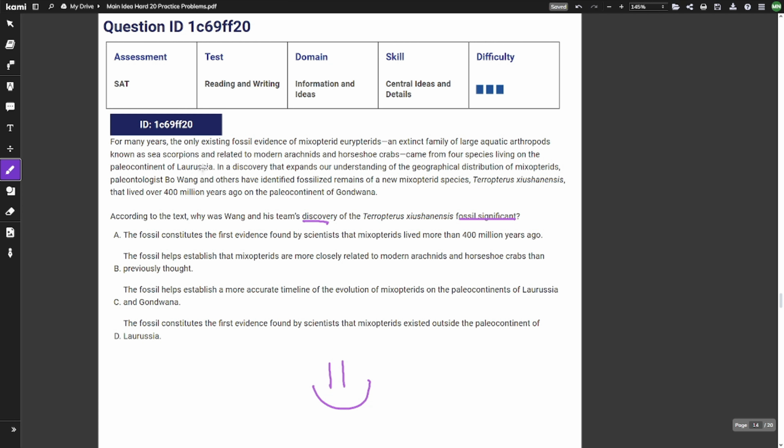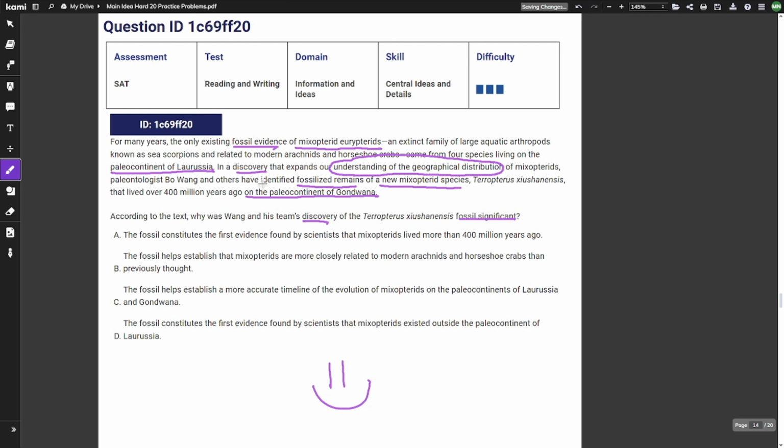We know that for many years the only existing fossil evidence of Mixoterids came from 4 species living on the paleocontinent of Laurasia. But then we found this new discovery that expands our understanding of the geographical distribution of these Mixoterids because they found this new fossil remain of a new Mixoterid species on the paleocontinent of Gondwana.